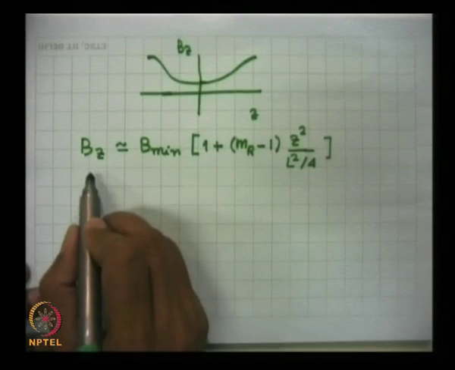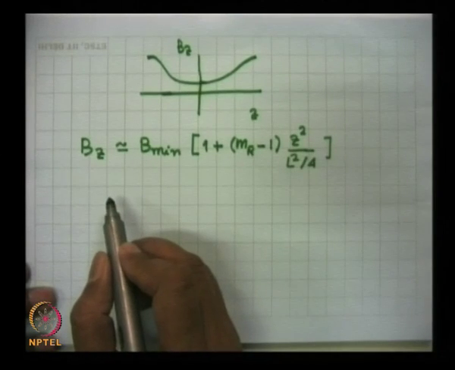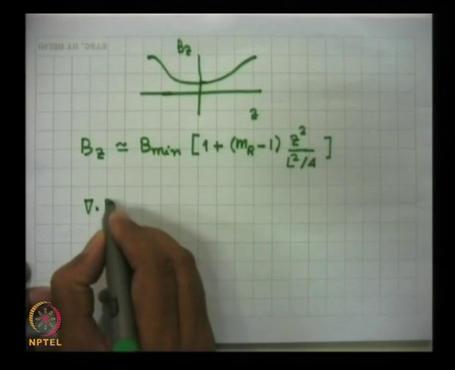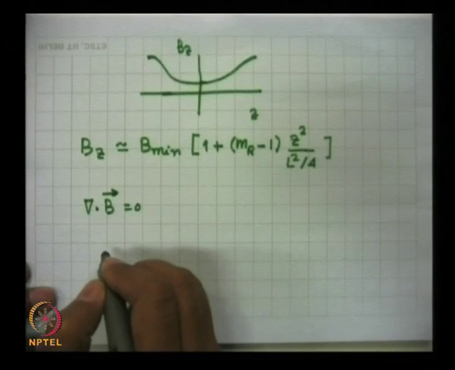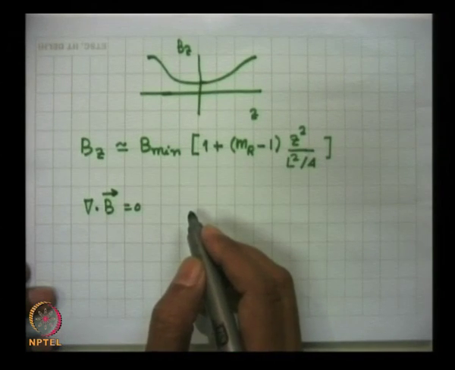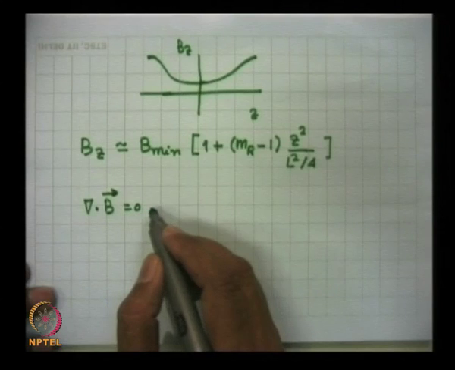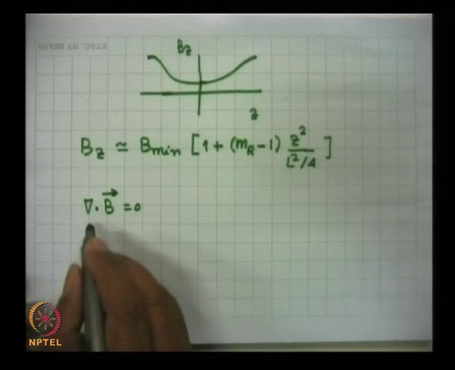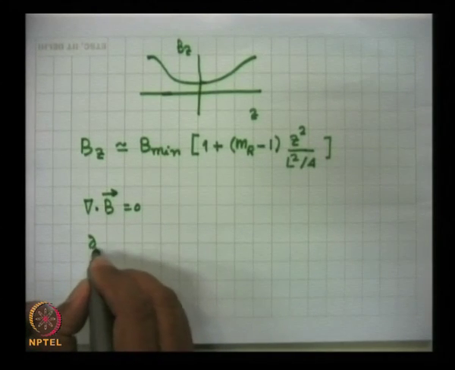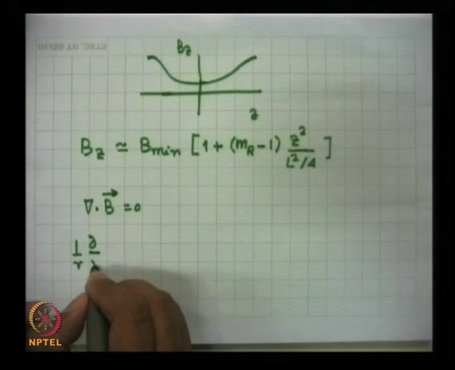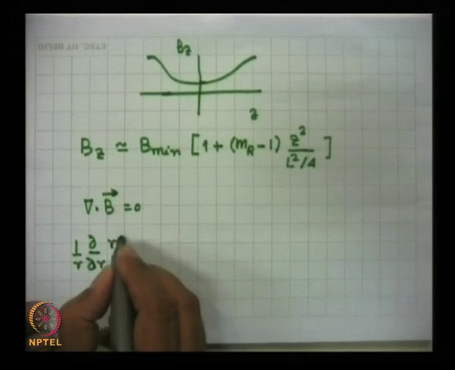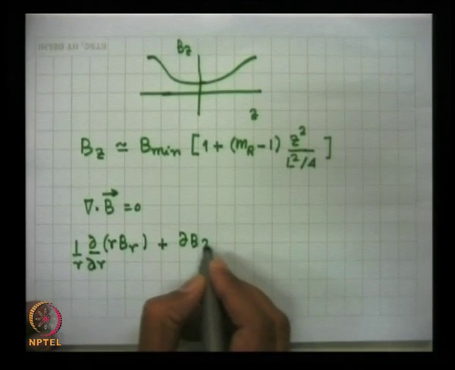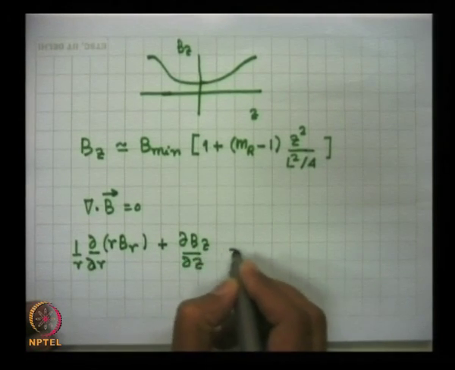The thing is that whenever magnetic field is a function of Z, if you keep in view the second Maxwell equation, divergence of B equal to 0, and recognizing the symmetry of the problem, that you are expecting the magnetic field to vary with r and z only, not with the azimuthal coordinate phi, then this equation demands that 1 upon r del by del r of (r Br) plus del Bz by del z is equal to 0.